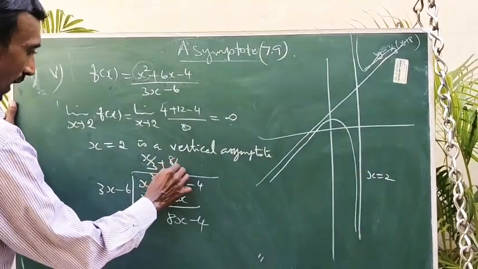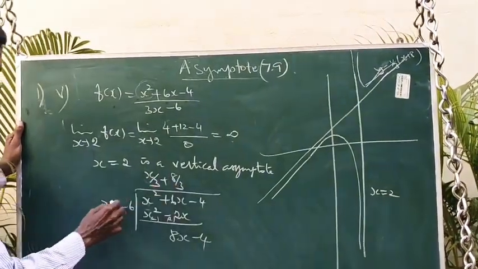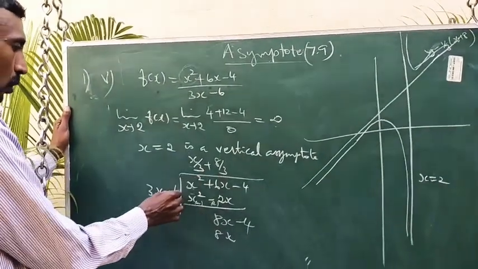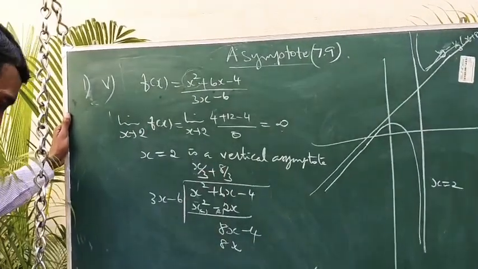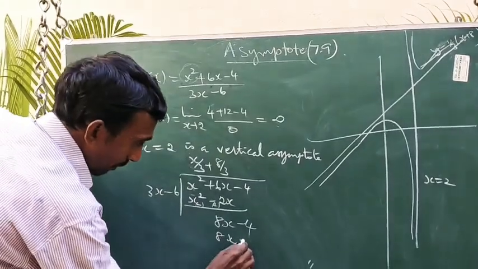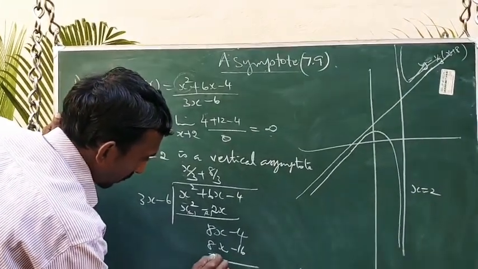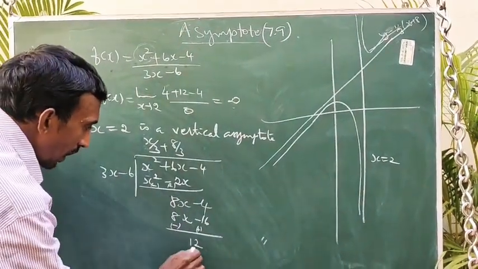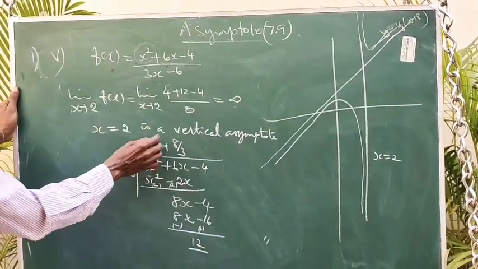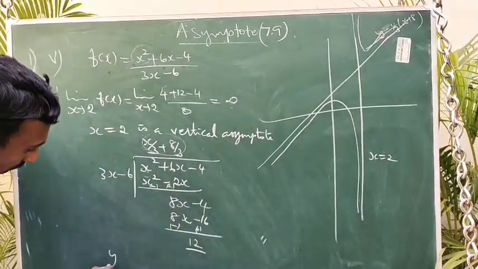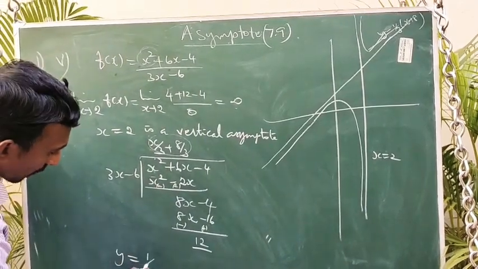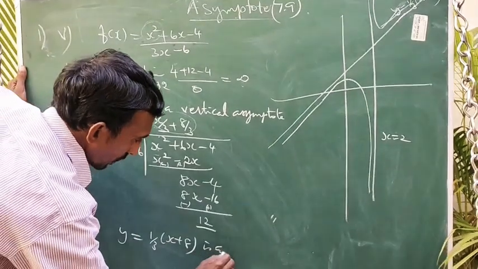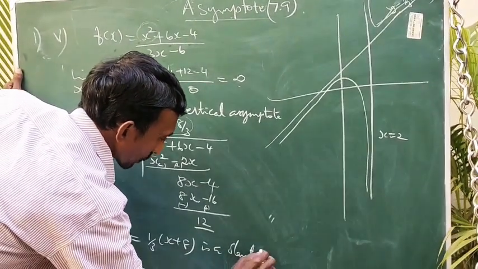So multiply by 8 by 3. So 3 cancels, we are getting 8x. Okay. So 2 into 8, what are we getting? Minus 16. Change the sign and add. So what are we getting? 12. So look at the quotient. So y equal to, we can take 1 by 3 common, 1 by 3 into x plus 8 is the slant asymptote.